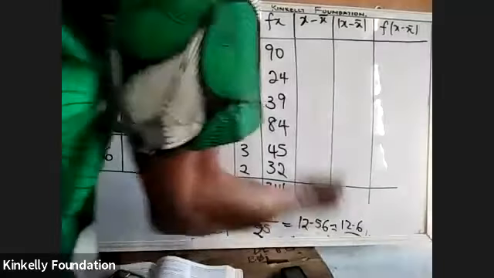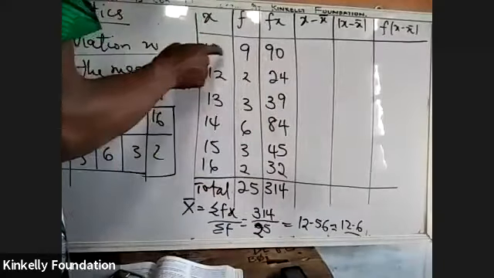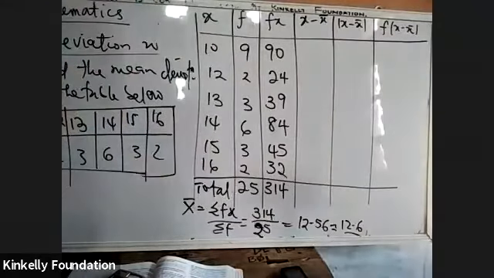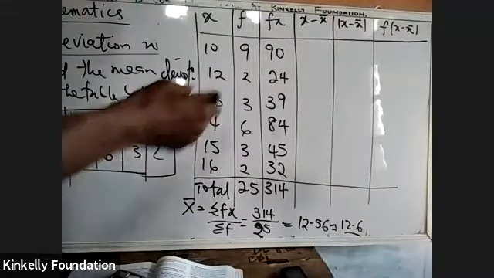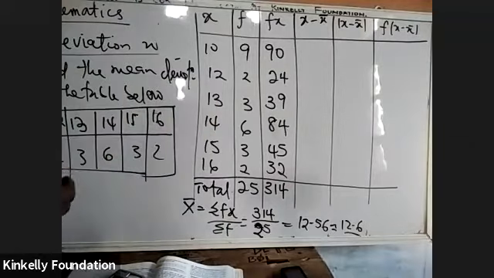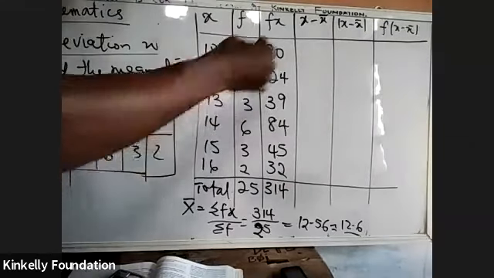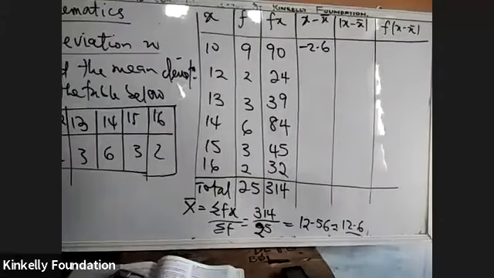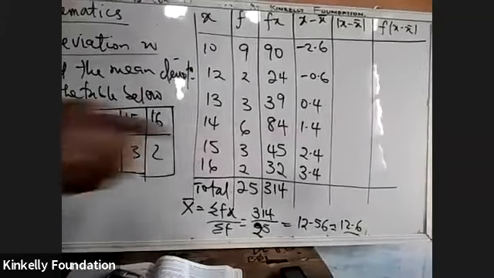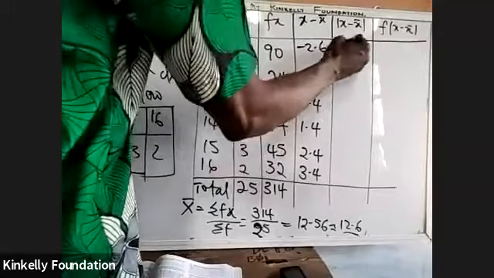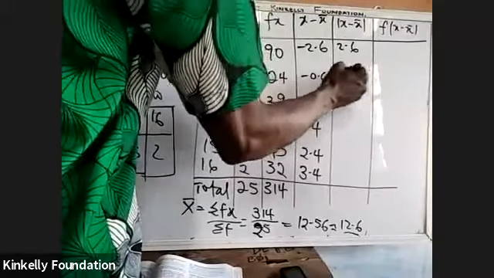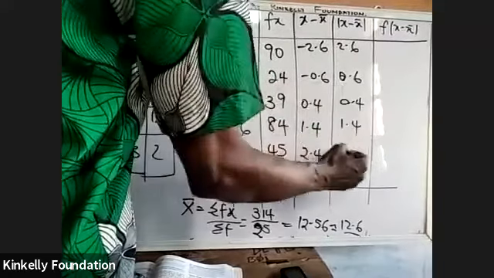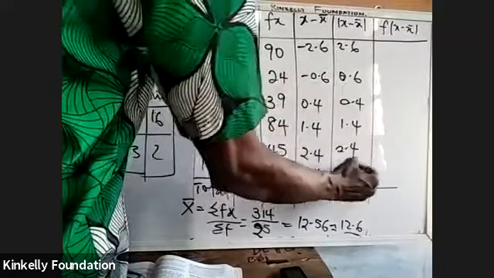Now, we are going to get the deviation of each of these elements from 12.6. It should be 10 minus 12.6 to give us minus 2.6. The absolute value of this will be 2.6, 0.6, 0.4, 1.4, 2.4, 3.4.